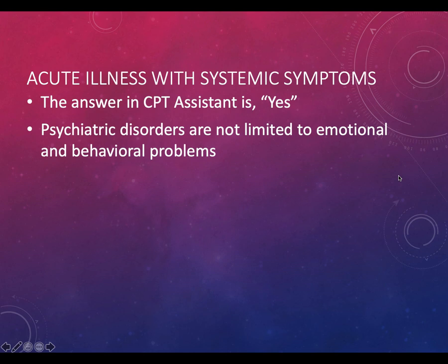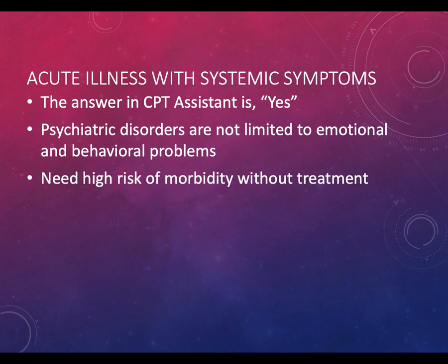The answer is yes. Psychiatric disorders are not limited to emotional and behavioral problems. The CPT code set defines acute illness with systemic symptoms as an illness that causes systemic symptoms and has a high risk of morbidity without treatment.